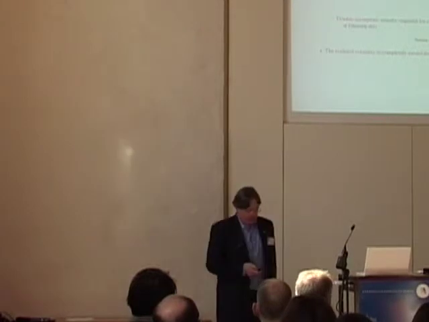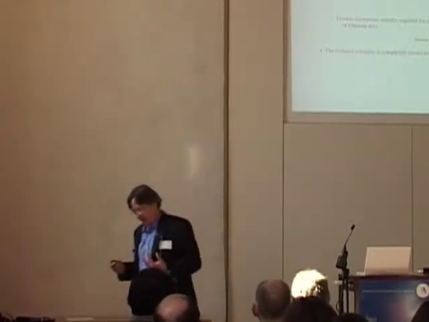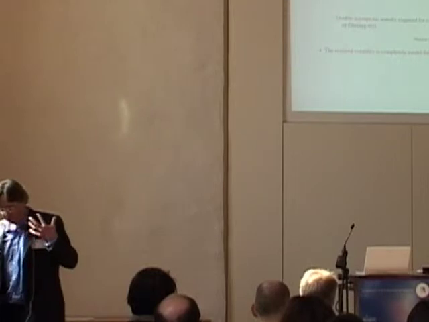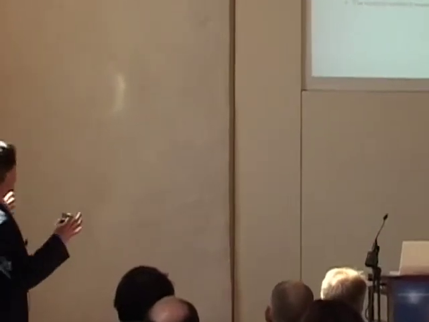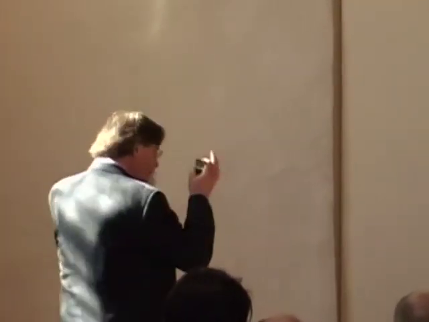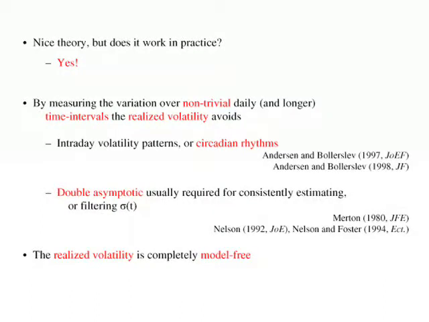Okay, so I think this is a very nice theory, and it works because instead of estimating the volatility at each and every point in time, we say, let's not do that. Let's estimate the volatility over non-trivial time intervals. In particular, let's estimate the volatility over a day or longer.